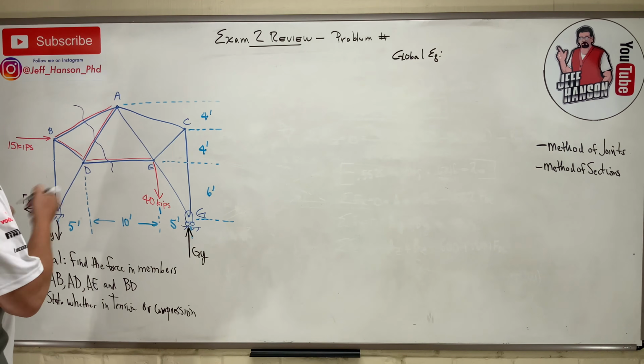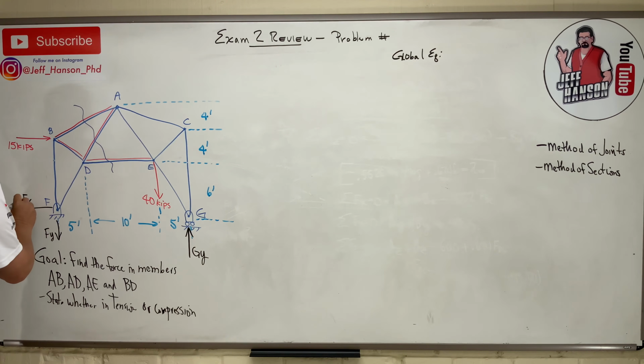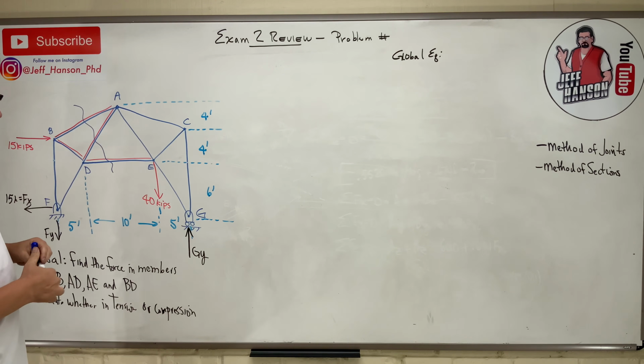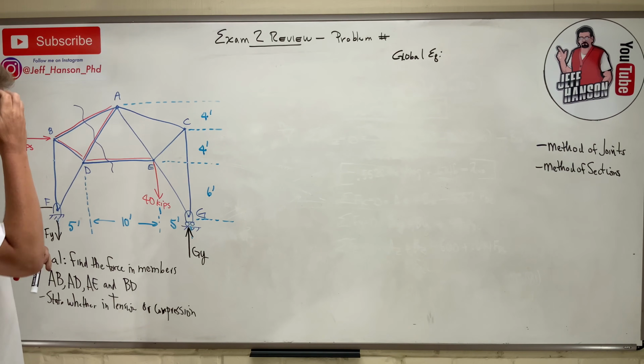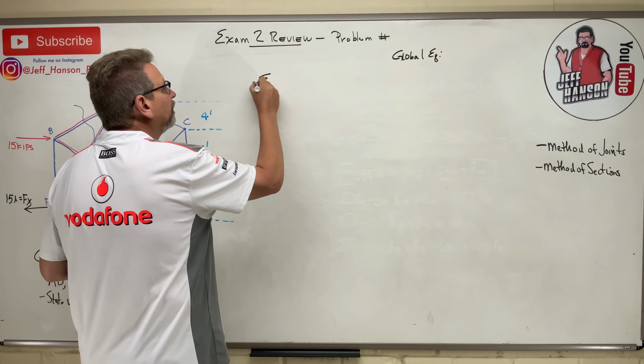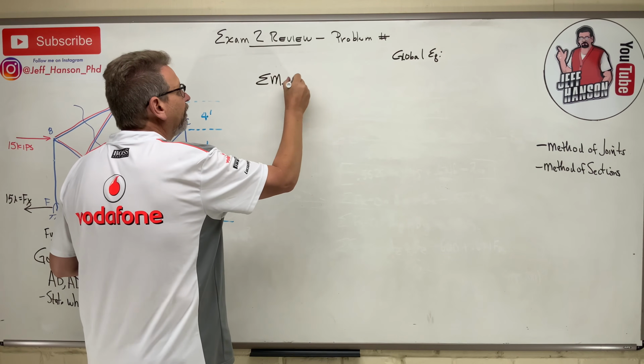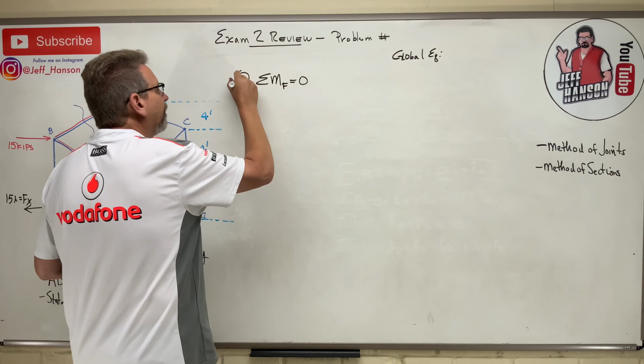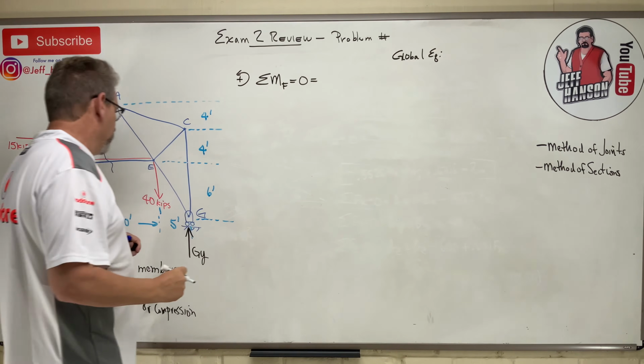So FX, I already know, is 15 kips, gotta be, because some force of the X. Now, I just don't know these other 2, so let's take the moment at F and figure it out. So what do we have?